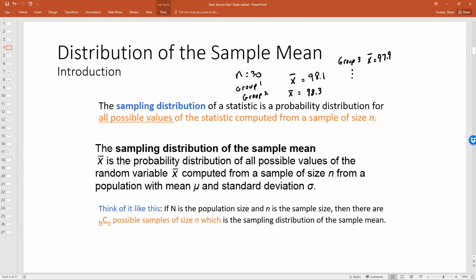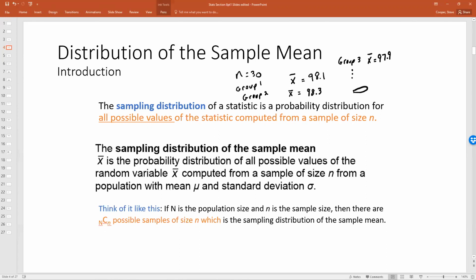Now, if I got a group where I only changed one individual, then that's still a new group. So if I were to pull every possible unique group of 30 students from Cali College and then calculate the mean body temperature for that group, I've got all these different numbers.